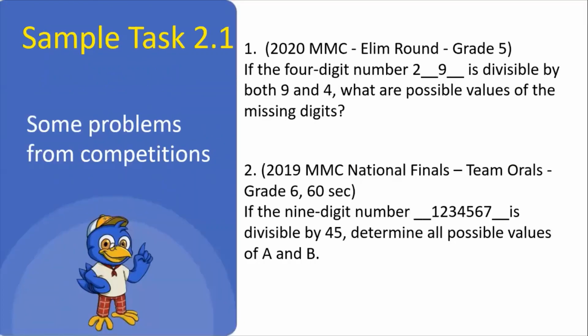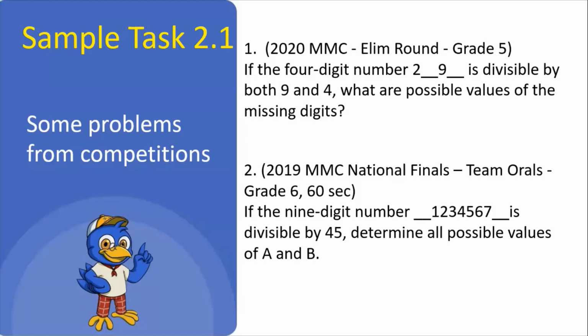Another sample task would be some more difficult problems, such as problems that appear in competitions. So one example would be a problem in the 2020 MMC elimination round. The 4-digit number 2 blank 9 blank is divisible by both 9 and 4.